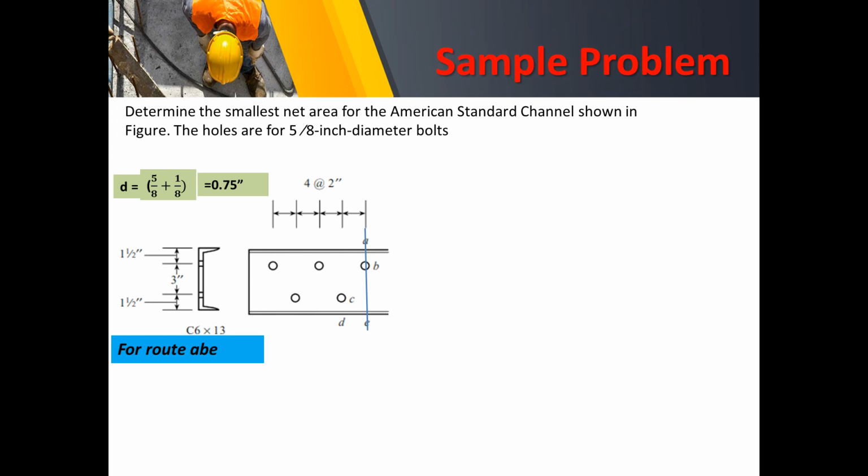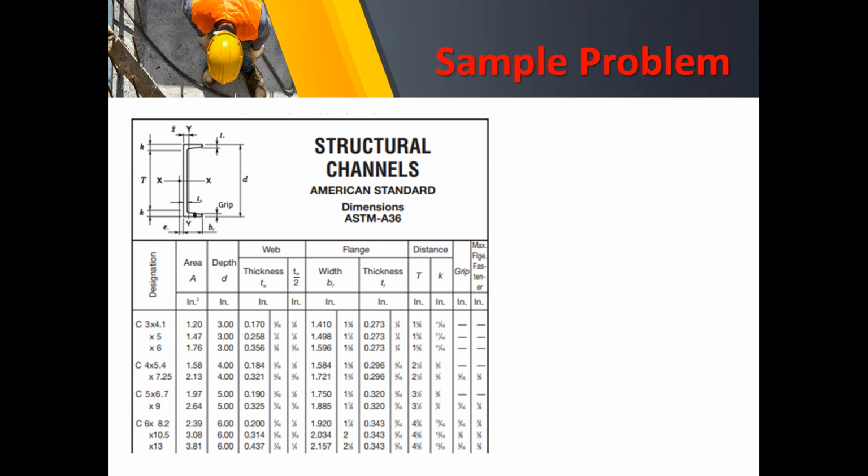Now, before we can proceed here, we need to determine some properties of your channel. So that channel is actually C6 by 13. Therefore, we will be having an area equivalent to 3.81 square inches.